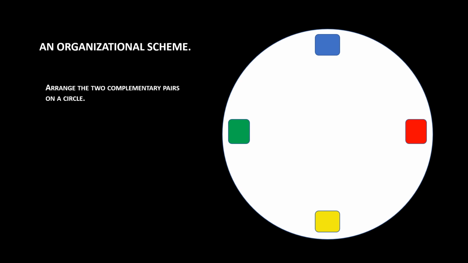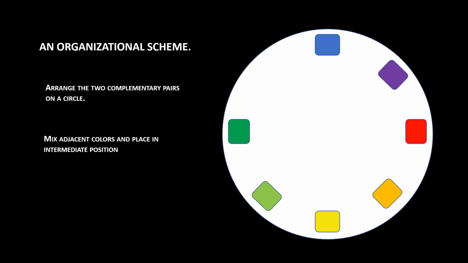So one can work along the bottom right quadrant by combining red and yellow, the upper right quadrant by combining red and blue, the upper left quadrant by combining green and blue, and the lower left quadrant by combining green and yellow. And so by combining the adjacent colors and mixing them, we can fill in the space, the off axes, in other words, and define new hues in this manner.